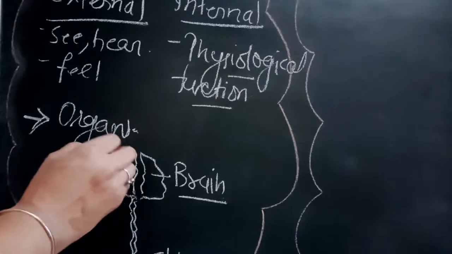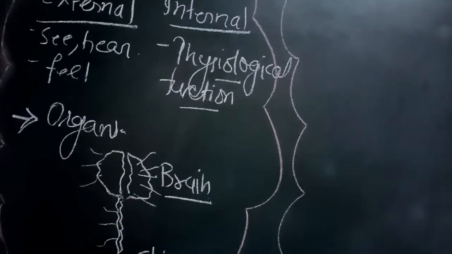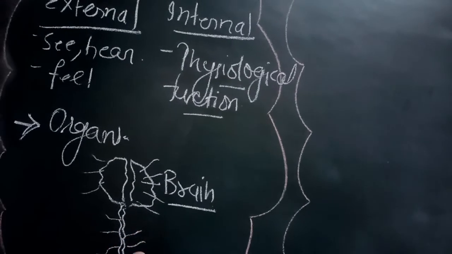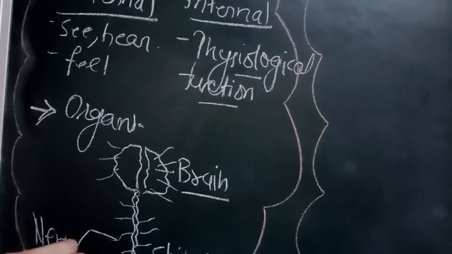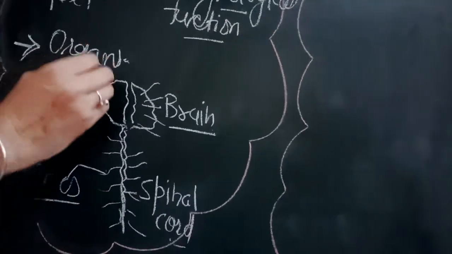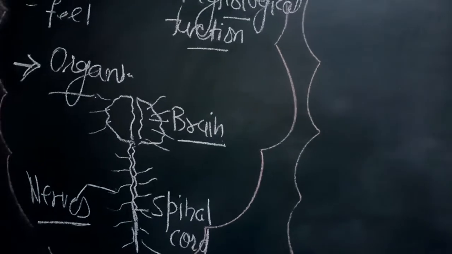From the brain arise nerves. Similarly, from the spinal cord also arise nerves. All these nerves also come under the category of organs containing the nervous tissue.